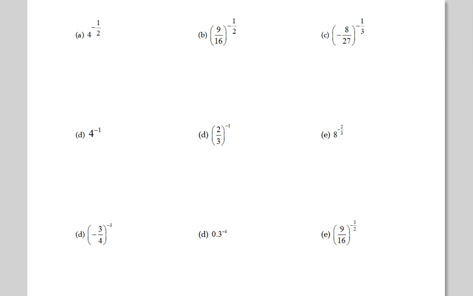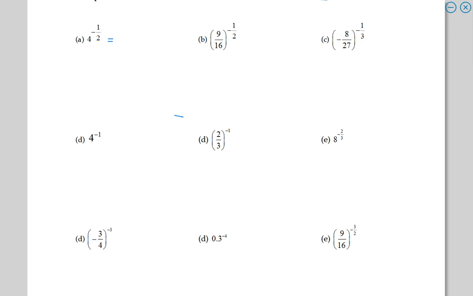So this is 4 to the power negative 1/2. I don't want to deal with the negative power, so I'll do it underneath: 1 over 4 to the positive 1/2. One of the exponent laws says that if you have a division with a power, the power has to go on both. So you have 1 to the 1/2 over 4 to the 1/2.